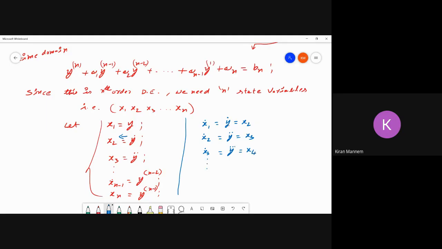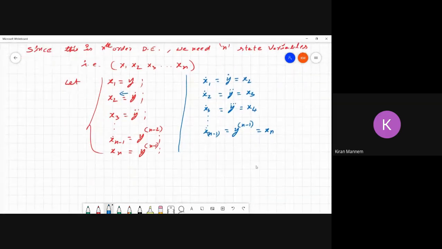Similarly, x(n minus 1) dot should be xn. To understand this, I took some derivatives from the left side and again wrote them in state variables.